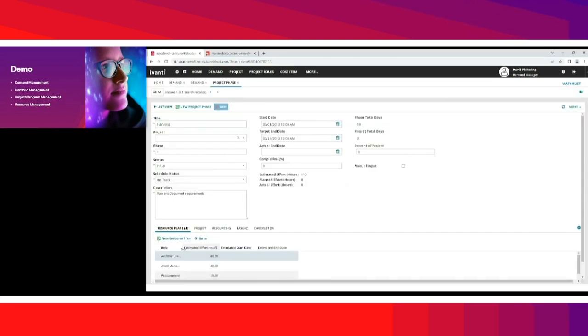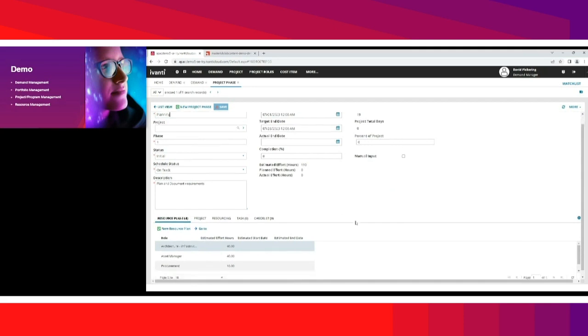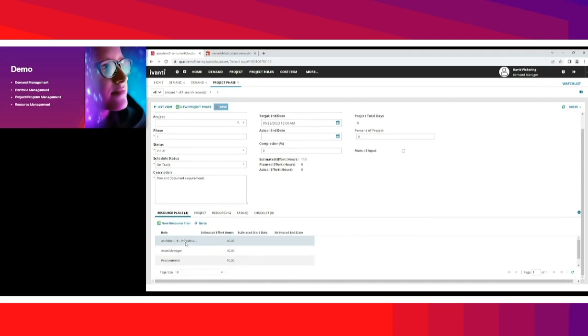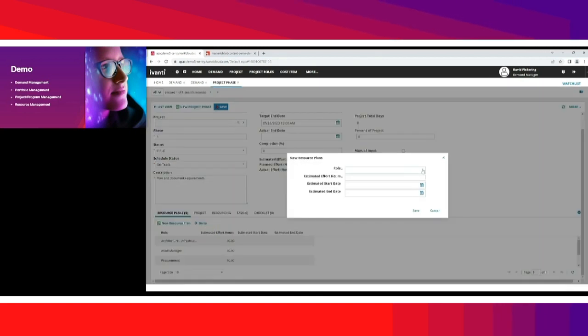What we call that is a resource plan. So within the resource plan, we say we need an architect, an asset manager, and procurement manager. But we haven't got our project manager, so I'm going to add a project manager into this particular project. And so we think for that phase of the project, we only want them for 20 hours.